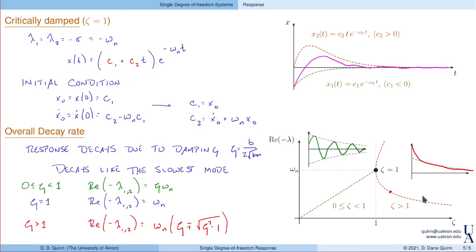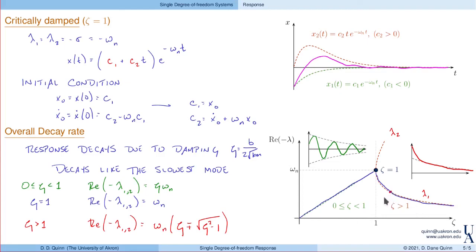So in this case, this would be our lambda 1, and our lambda 2 is way up there. So if I look at the overall decay rate for our system, it's going to follow the lowest value of this curve. So for an underdamped system, there's only one choice. And for an overdamped system, it follows lambda 1.